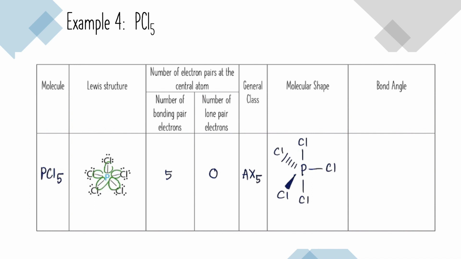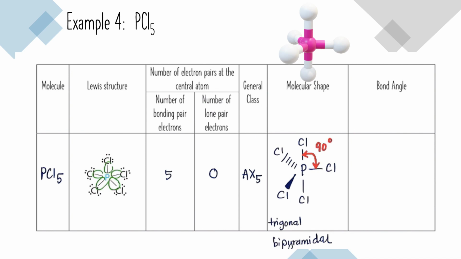So this type of molecular shape is called trigonal bipyramidal. For this molecular shape, there are two bond angles. One is from this bonding pair to this bonding pair. They are located at 90 degrees to each other. So the bond angle for the first one is Cl-P-Cl at the axial position, equal to 90 degrees.